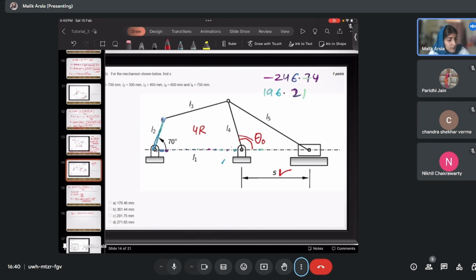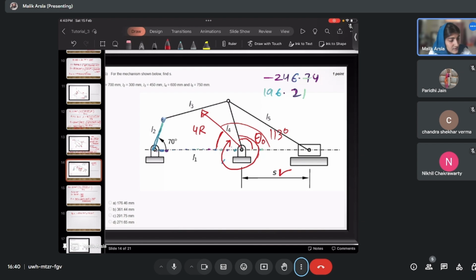If we measure the angle from this side and it comes out to be minus 246, okay, let me subtract it from 360. 360 minus 246.74 is coming out to be 113. It means it is somewhere here. So this angle will be 113 degrees.